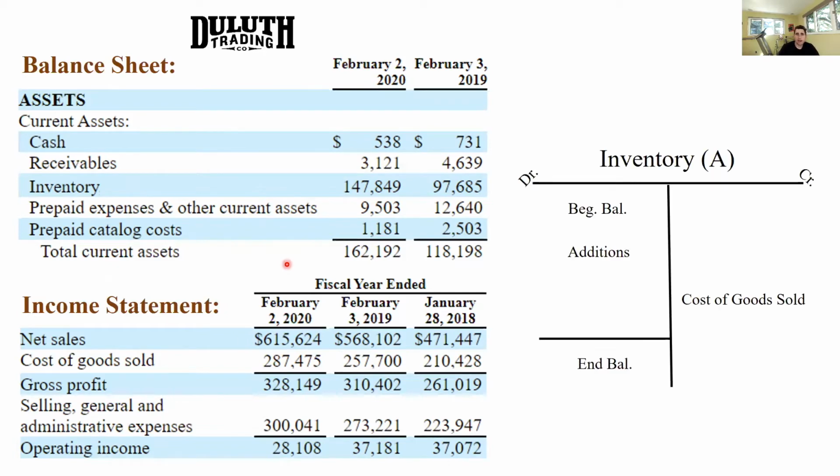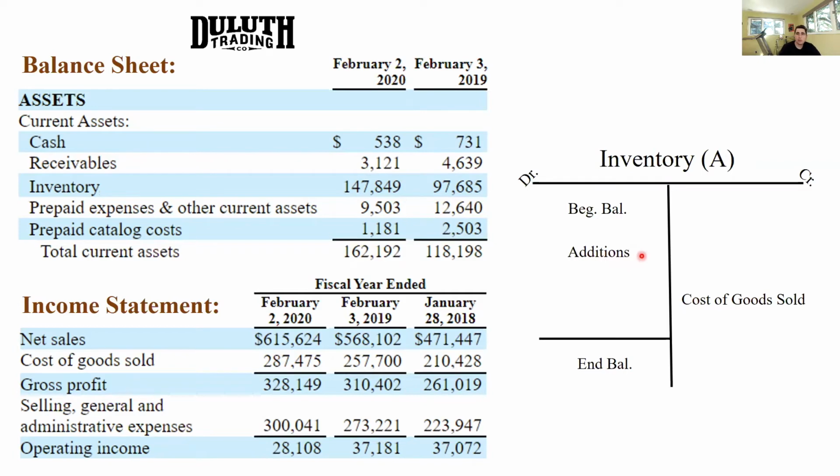Now, inventory is an asset account, and so it has a beginning balance of a debit. Then when the company buys or produces new inventory, say they buy inventory with cash, the company, Duluth, gives cash to a supplier and the supplier gives them jeans and socks. Well, they'll debit the inventory account and they'll credit cash in that transaction. And so this additions here is the debit to the inventory account.